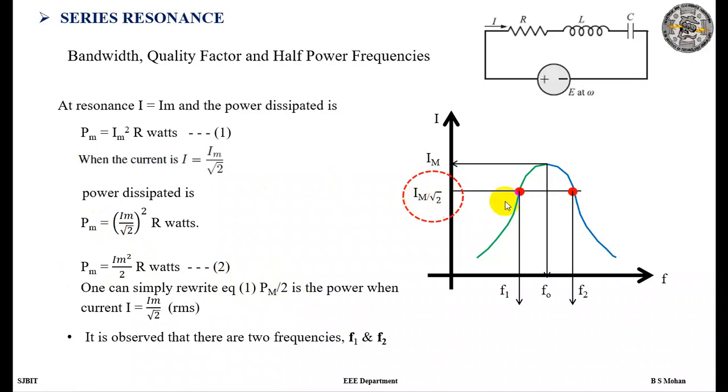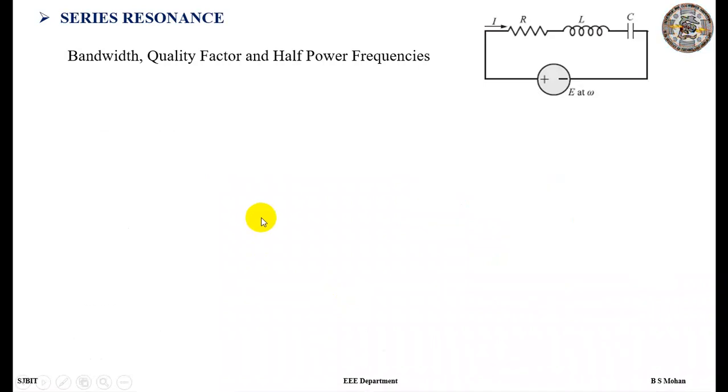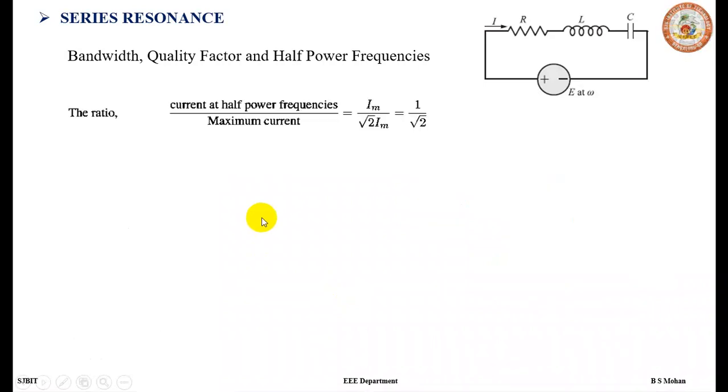So at the RMS value of current, we get two frequencies, F1 and F2, which are called cutoff frequencies or half power frequencies. At these frequencies, the power is only one half of that at F0. Now, the ratio of the current at half power to the maximum current is 1 by root 2.